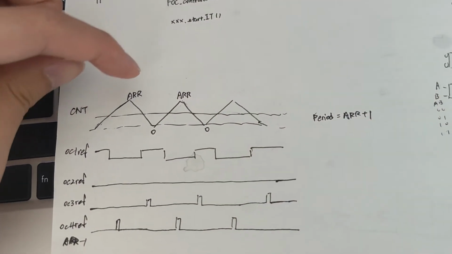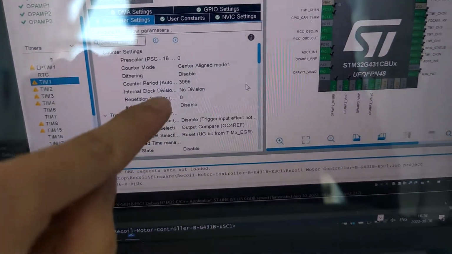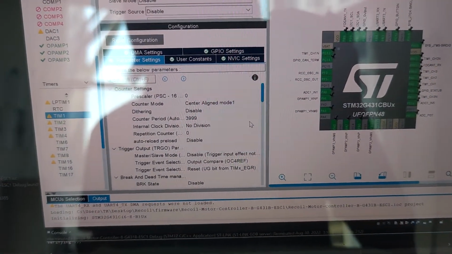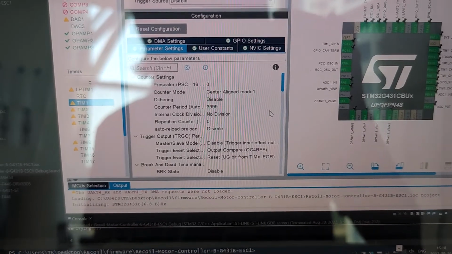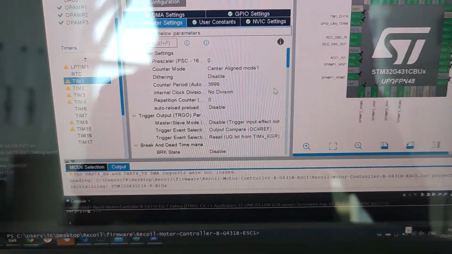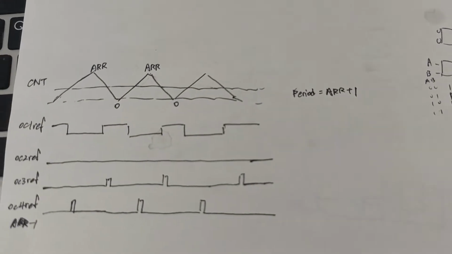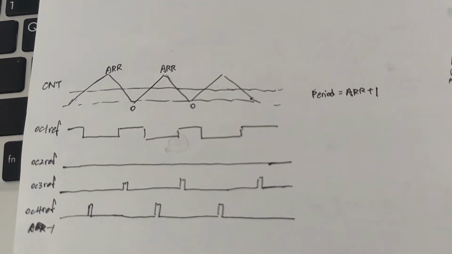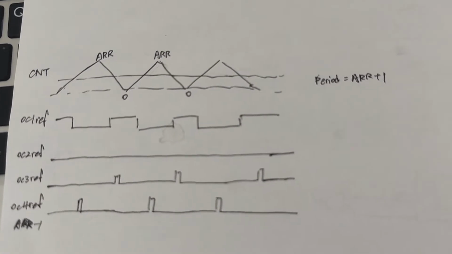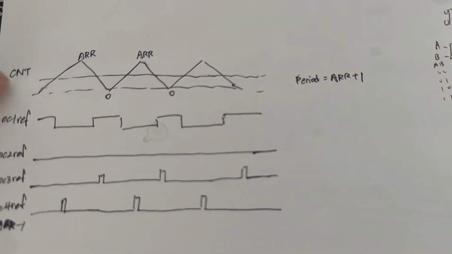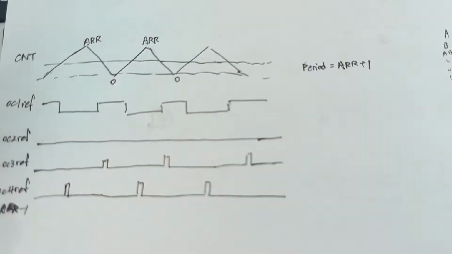This is the counter. It will go up and down in center-aligned mode. And mode 1, mode 2, mode 3, it doesn't matter when we are all using PWM mode, because it only matters when there are output compare settings and we're using none. So yeah, in center-aligned mode, the counter will go up and down.